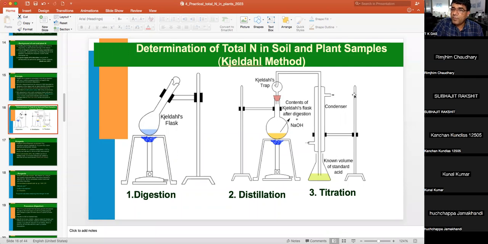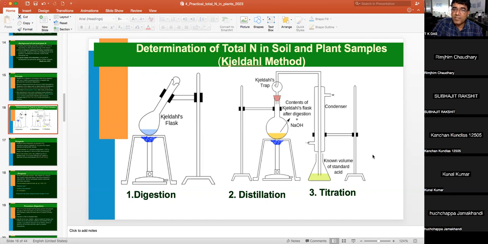You put this acid, which is the titrant, drop by drop, and the bluish green color will change to red or pinkish color. That is your end point. Note down the quantity of 0.1 normal sulfuric acid used.